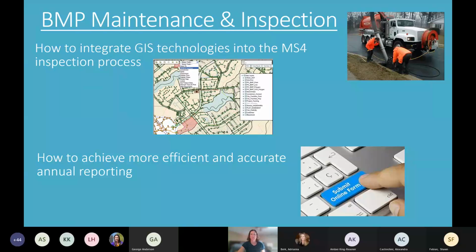Particularly, in the upcoming years, MS4 annual reports are going to be required to be submitted electronically in compliance with our NPDES e-reporting rules. As reporting becomes more important, how we integrate some of these technologies into our electronic reporting becomes even more important.